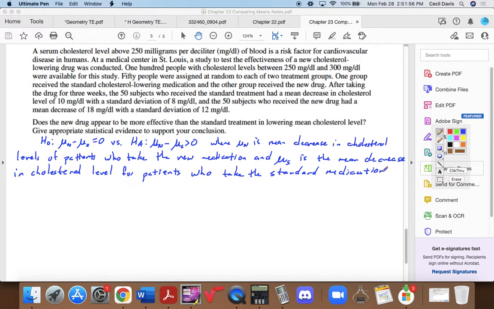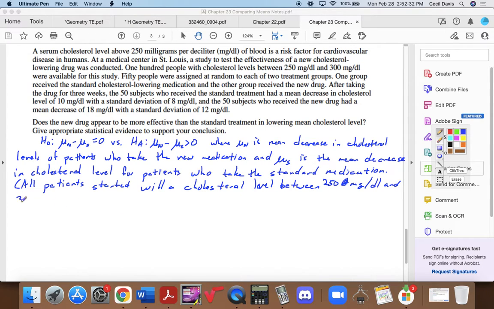If you want to be complete on this, you probably should add that all patients started with a cholesterol level between 250 milligrams per deciliter and 300 milligrams per deciliter.